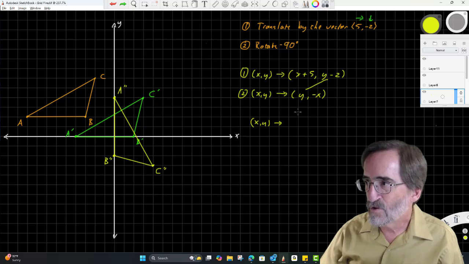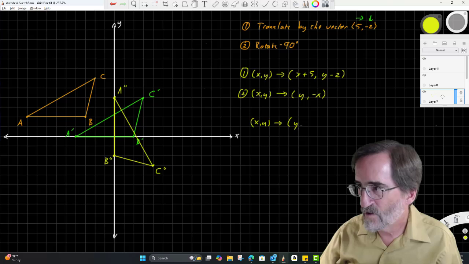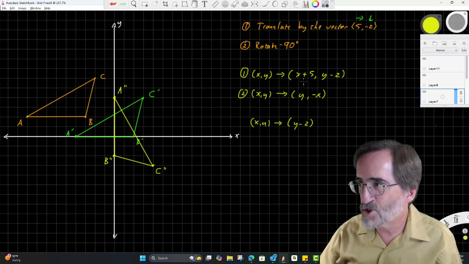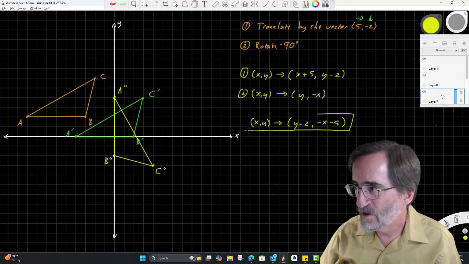So the y, which is y minus 2, goes first, and the x goes last, but the x gets changed in sign. So instead of x plus 5, it's going to be negative x minus 5. And this becomes the new function mapping for the combined composite transformation.